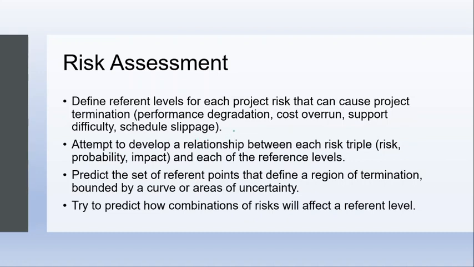So these are the different project risks. It attempts to develop the relationship between its risk, that is the risk probability, impact, and each of the reference levels. We have to attempt to develop this relationship between its risk triple and each of the reference levels.